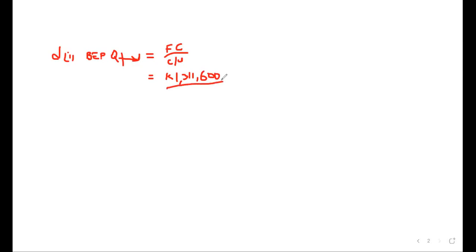Over, we also calculated our... did we calculate our new contribution per unit? We didn't, so we are going to have a working here for contribution per unit.